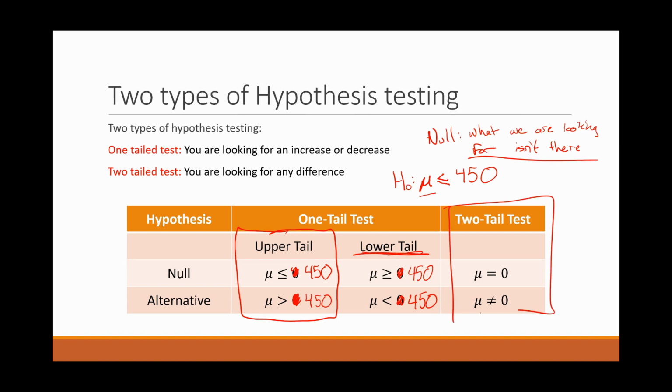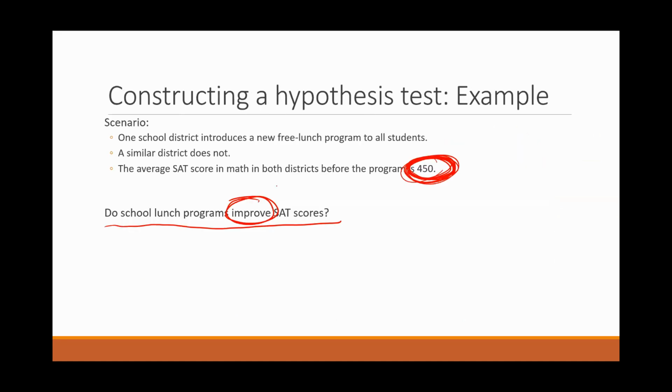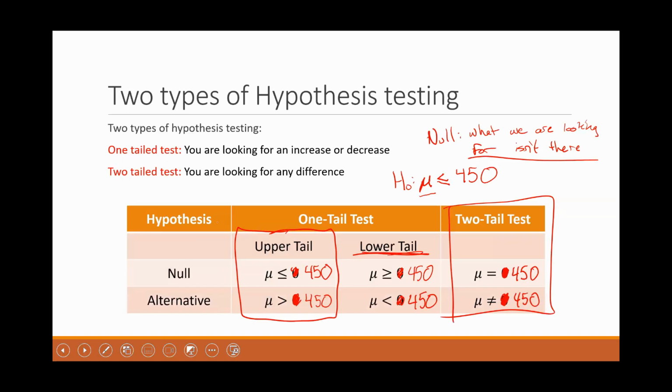Then we would do a two-tail test, where the null hypothesis is that the test scores are equal to 450 on average, and the alternative is they are not equal to 450. On average, they are larger or smaller. That's a two-tail test. In this case, because we're only looking for an increase, we are going to do the upper tail test, a one-tail test. These are our hypotheses.